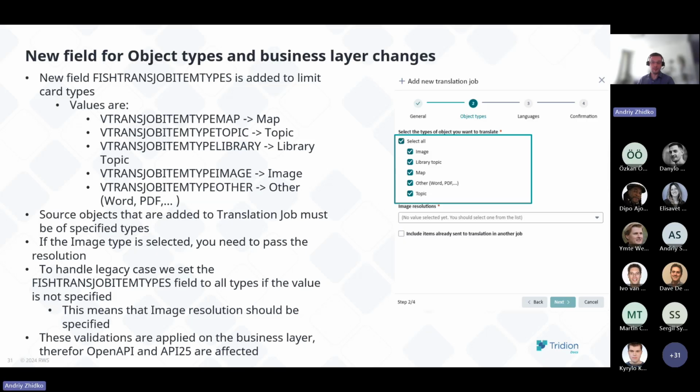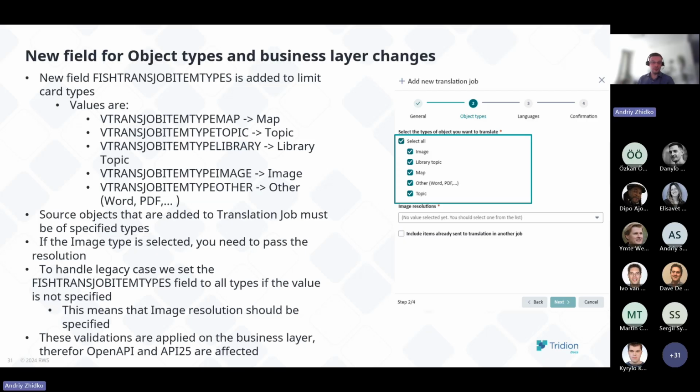So previously there was a behavior that if image type, if resolution for the image is not provided, then all resolutions are provided. So all resolutions are specified. This is not the case anymore. When you're specifying an image as an object type, you need to pass the resolution as part of that.